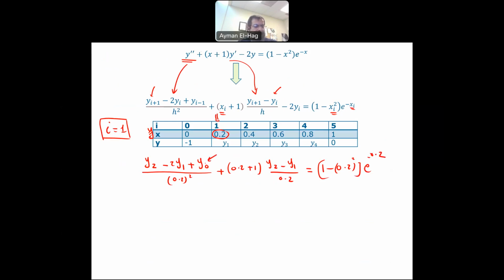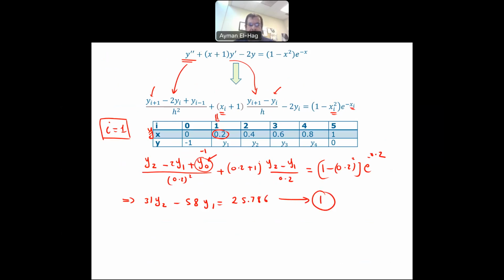Now, y at 0 we know the value. y at 0 is equal to minus 1. So this will be minus 1. Now if we collect terms and simplify the equation, we get the first equation, which is 31 y2 minus 58 y1 is equal to 25.786. That is my first equation.